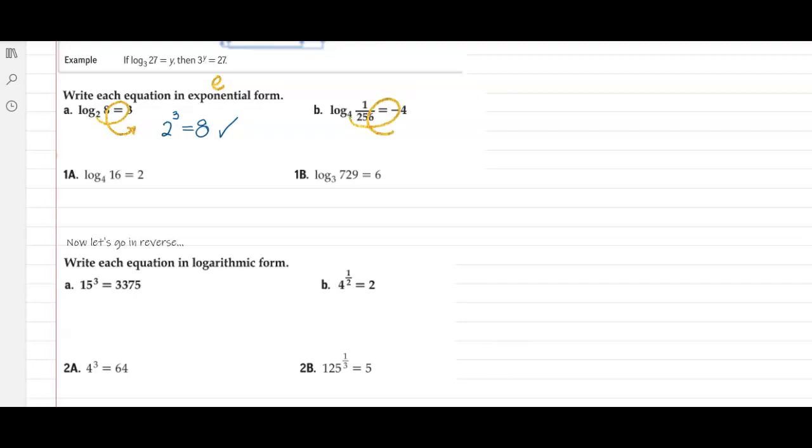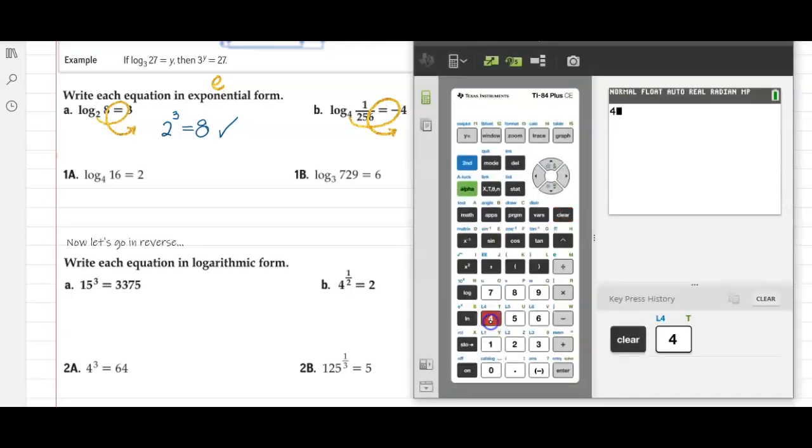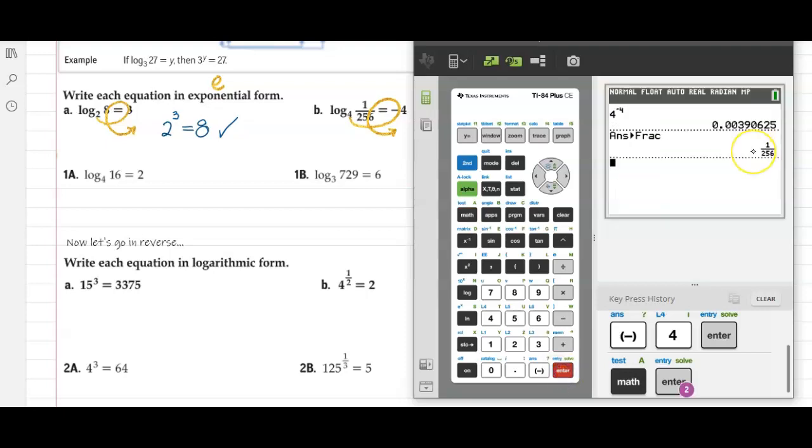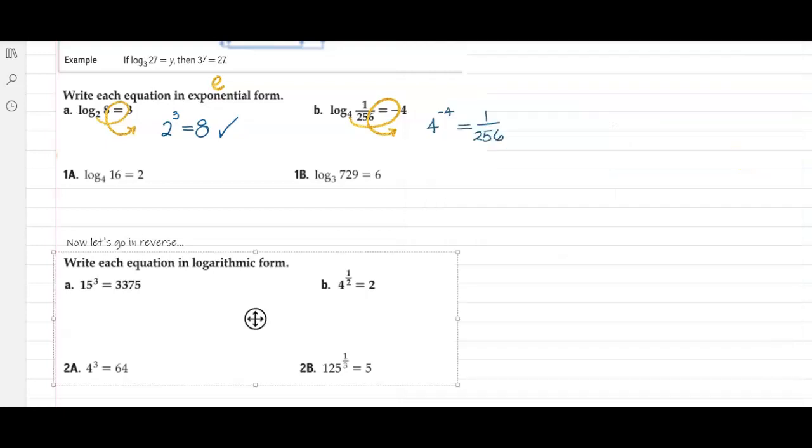4 to the negative 4 power equals 1 over 256. Let's see if that's right. 4 raised to the negative 4 power equals, and now I'm going to press math, enter, enter to bring it back as a fraction, 1 over 256.